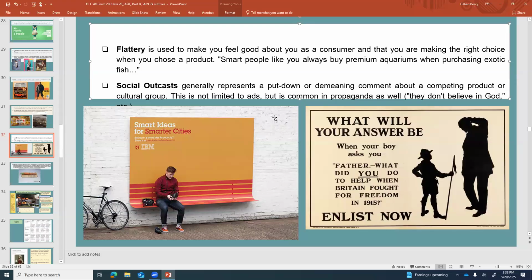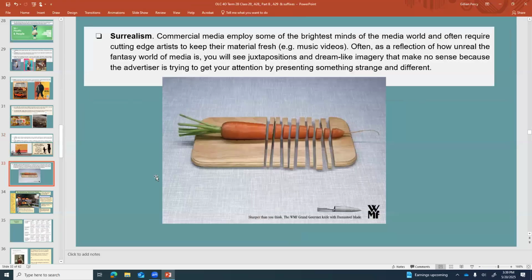And you see a man, presumably a father, and a young boy, and it says, "What will your answer be when your boy asks you, 'Father, what did you do to help when Britain fought for freedom in 1915?' Enlist now." And the idea being, won't you be ashamed to answer your son if you didn't sign up for the war, because you're going to look bad in your son's eyes? So it's kind of implied that you will look bad.